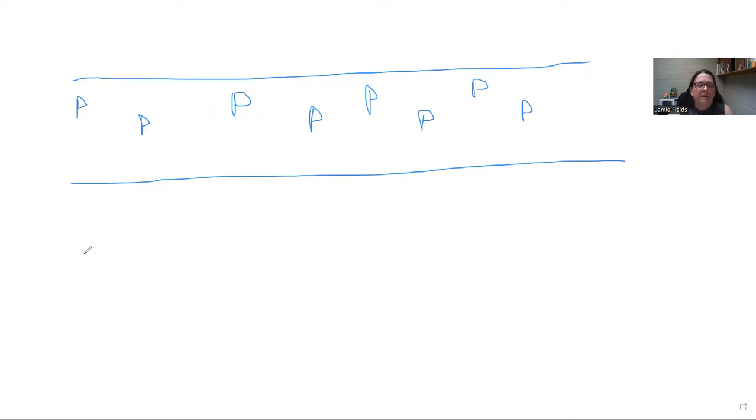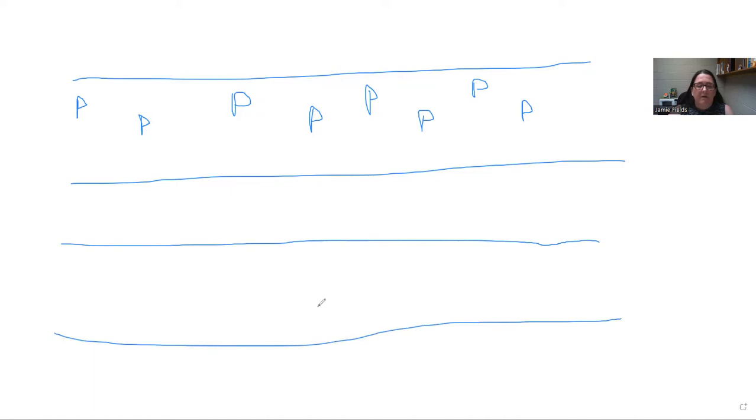Here is Mr. Smith's vascular system. And he's got fewer protein molecules, maybe because he hasn't been eating well.